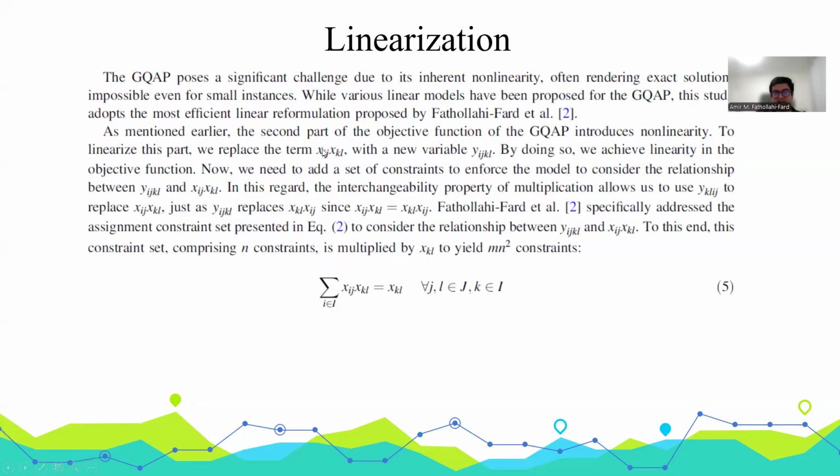Since the value of xij xkl is the same as xkl xij, the variable yijkl can not only represent this value but can also represent the other.